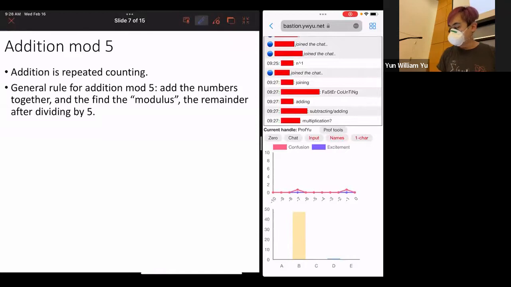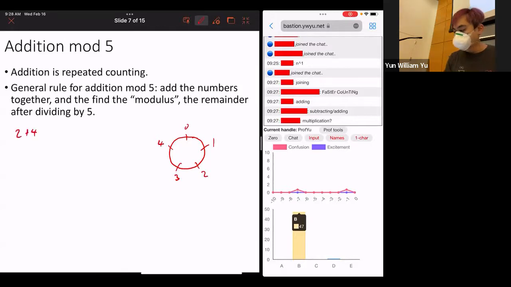So that's relatively straightforward. Again, we have our circle here: 0, 1, 2, 3, 4. You might have things like, well, what's 2 plus 4 in mod 5? Well, you take your 2 steps, 1, 2, and you then take another 4 steps, 1, 2, 3, 4.